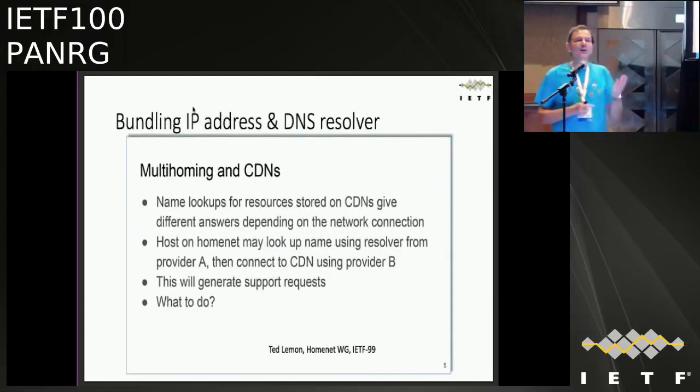Similar stuff, a problem that has been raised in the home networking group at the last IETF by Ted Lemon. If you have 2 interfaces or 2 IPv6 prefixes, and you resolve, let's say, IETF.org by using the LTE interface, you will get the Cloudflare CDN the closest to your LTE provider.